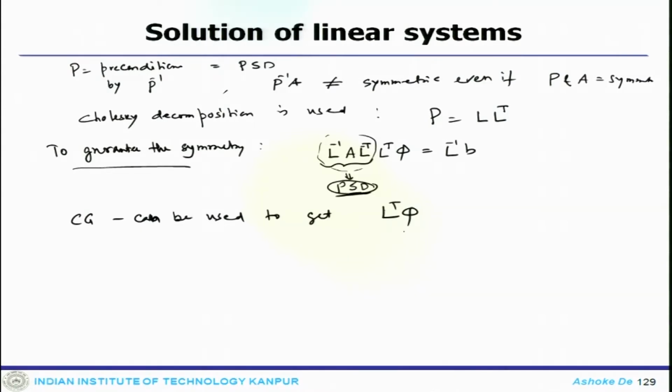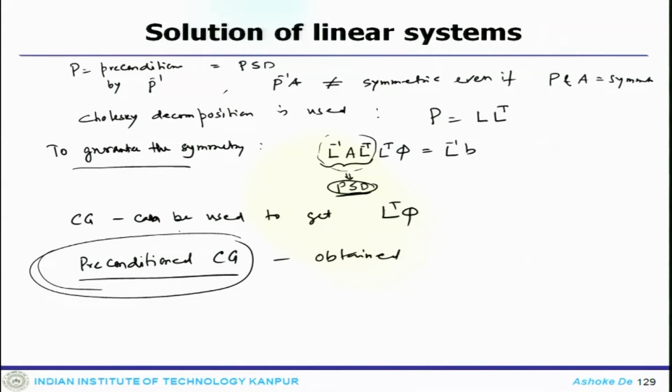Performing this step and adopting the terminology used with the CG method, the various steps of the preconditioned conjugate gradient method can be obtained. Essentially, on top of the CG you use a preconditioner to get a preconditioned CG.